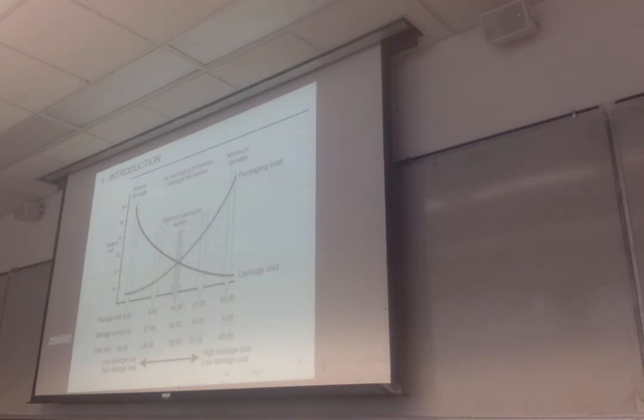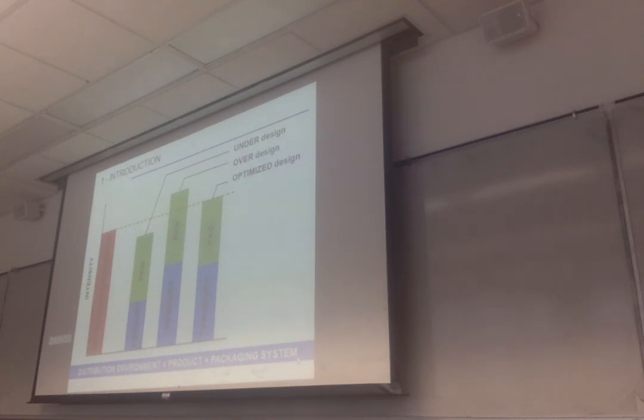And the idea here is that spending a ton of money on packaging to reduce or completely remove damage is not realistic as an option. And this is the last slide for today. This is another simplistic thing, but it comes from ISTA, the International Safe Transit Association.